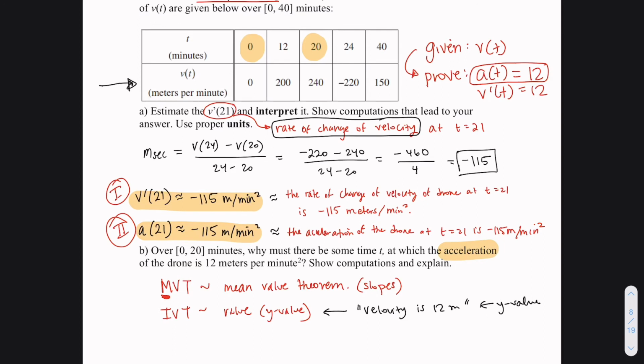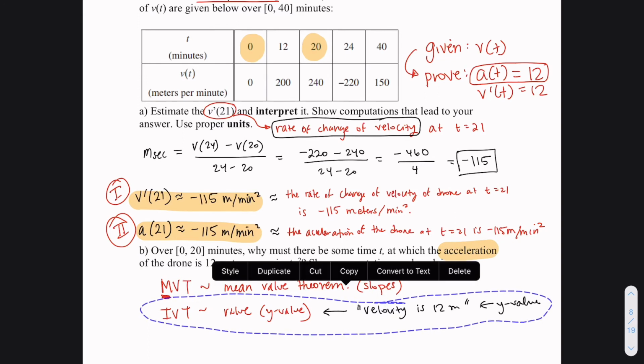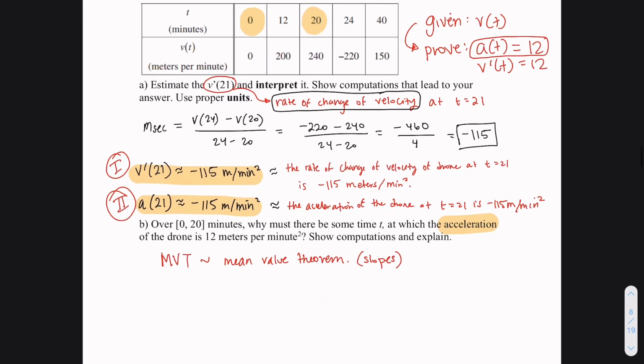They're just asking me to prove that somewhere in here, the y value equals 12. That would be an IVT problem. Since they're asking me for the slopes, they're asking me about acceleration, aka v prime, I know I'm doing MVT.